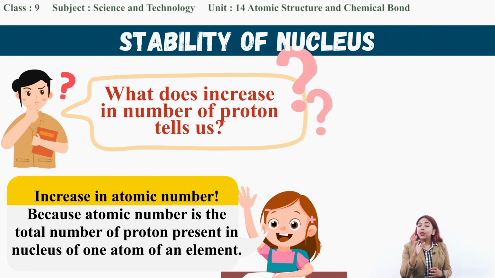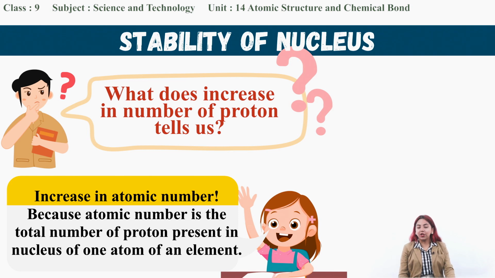Because atomic number is the total number of protons present in the nucleus of one atom of an element. So, the element having higher atomic number has more electrostatic repulsive force and it requires more neutrons to be stable.